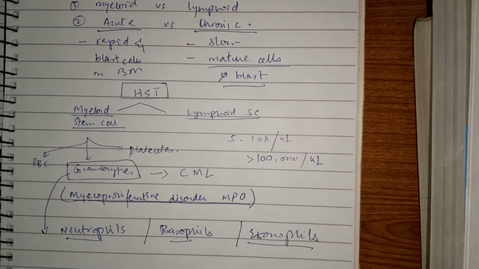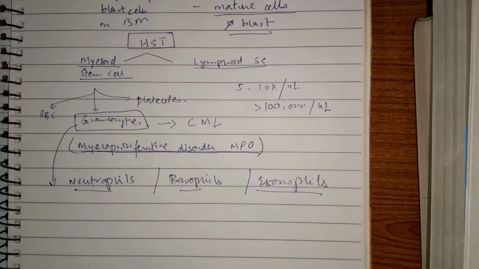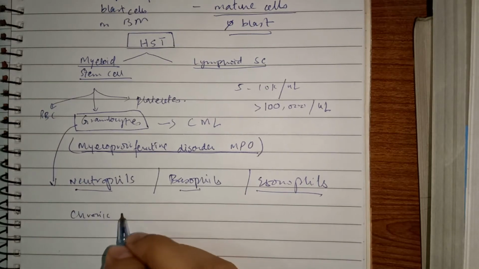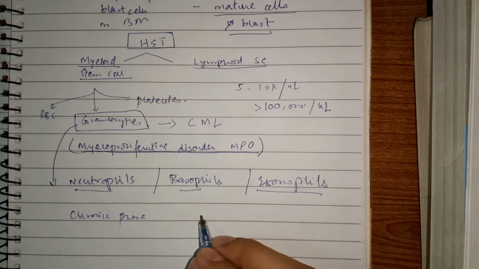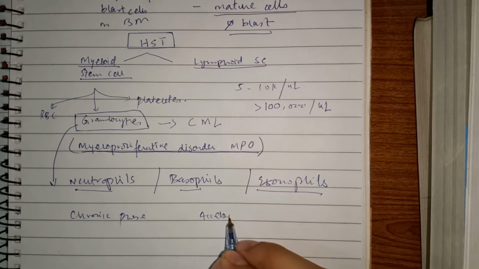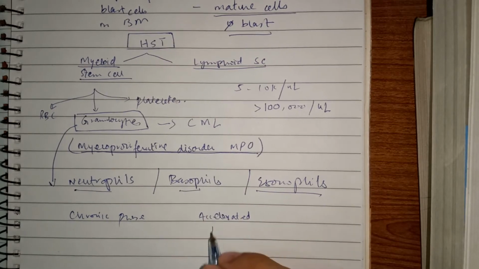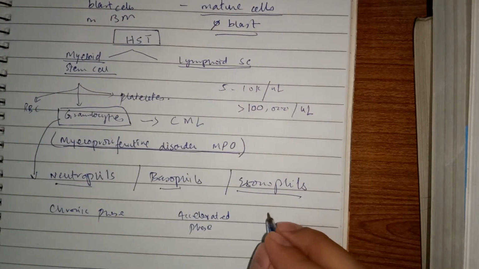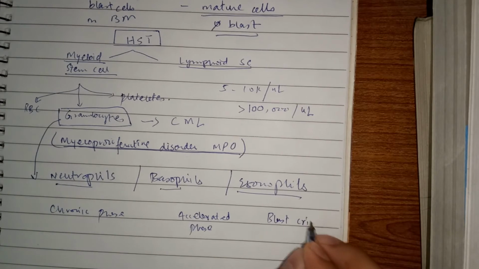Now the CML basically progresses through different phases. In the first phase, we call it chronic phase. The second phase is accelerated phase. And the third phase is blast crisis.